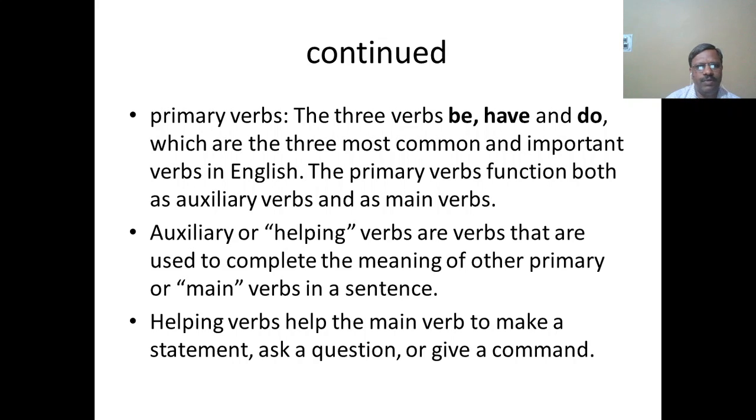So helping verbs help the main verbs to make a statement or ask a question or give a command. That also we learnt in the last class. That is why they are called helping verbs.